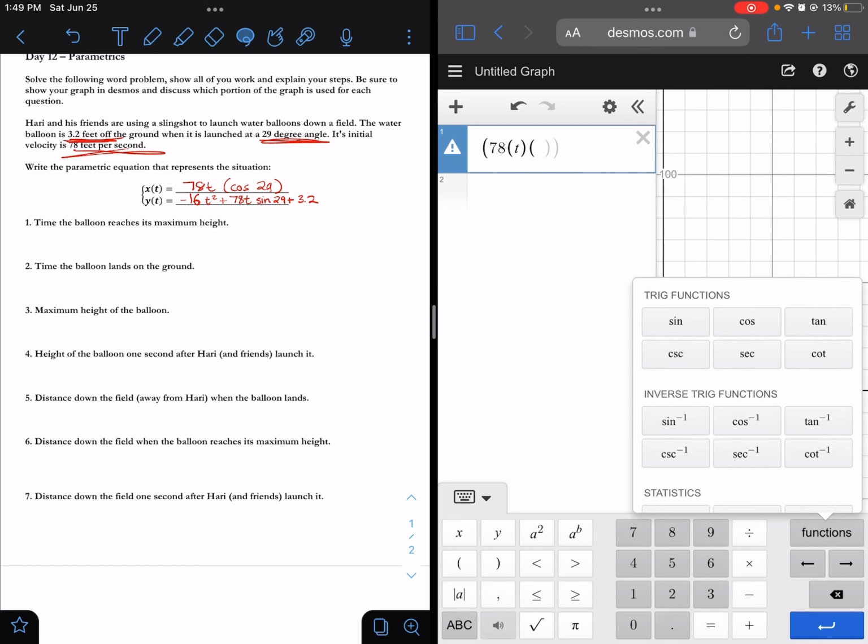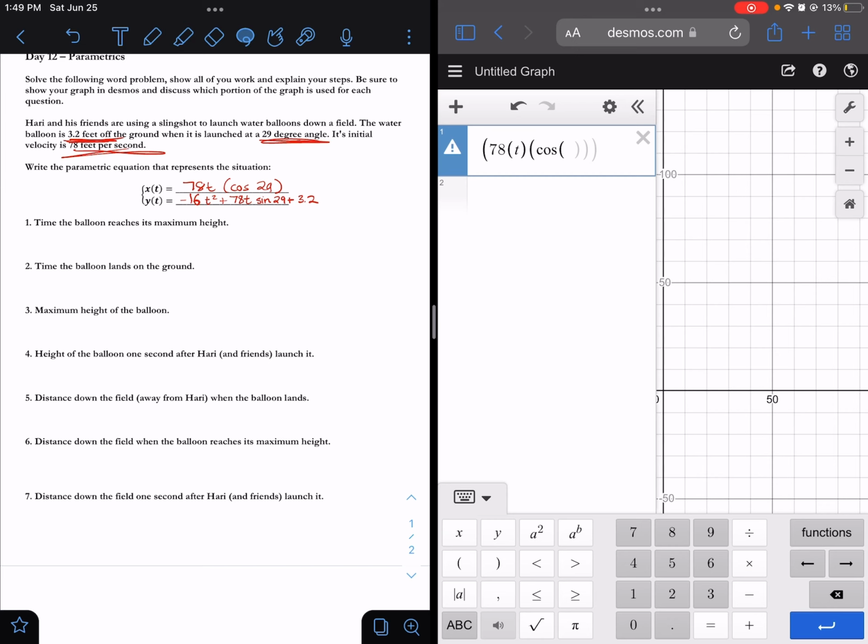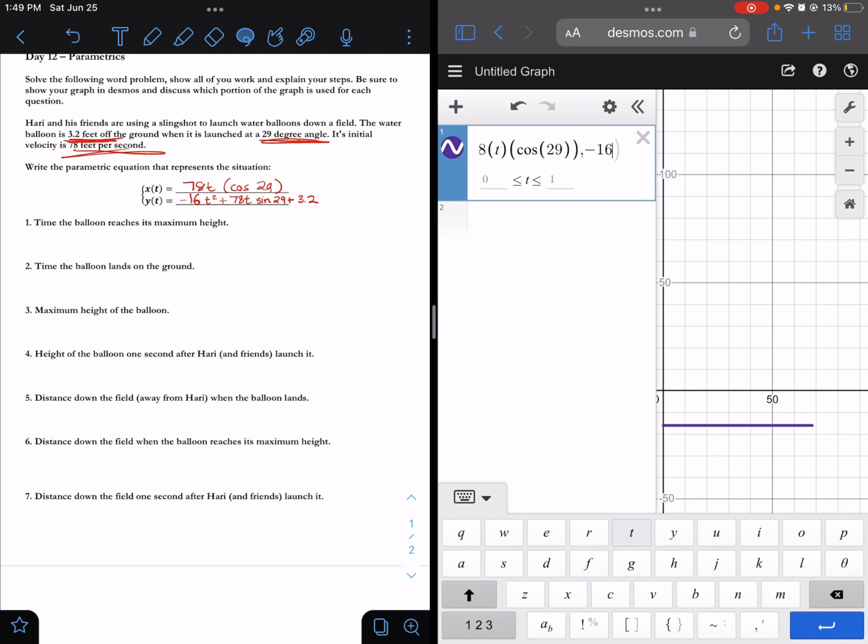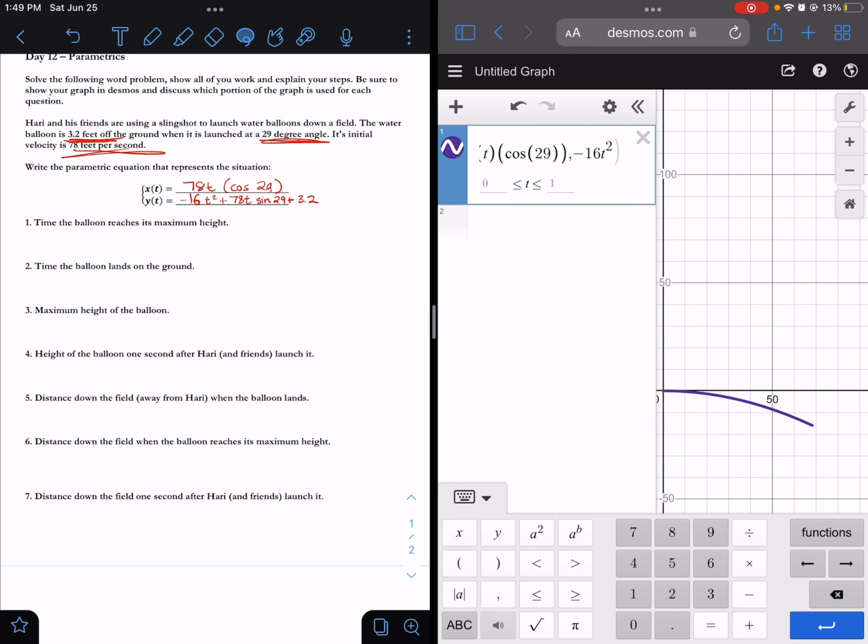So we go to functions, cosine of 29. Then we add a comma because we're now writing our second point, which equals negative 16 t squared plus 78 t.